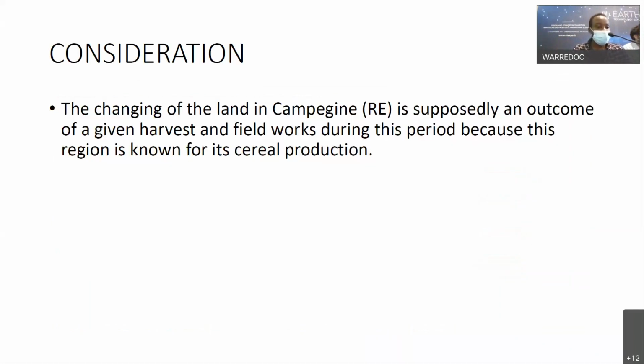The consideration was that the change of the land in Campagna is supposedly an outcome of a given harvest and field works during this period, because this region is known for its cereals like maize and wheat and other stuff. Thank you so much. We didn't go in depth, but thank you so much.